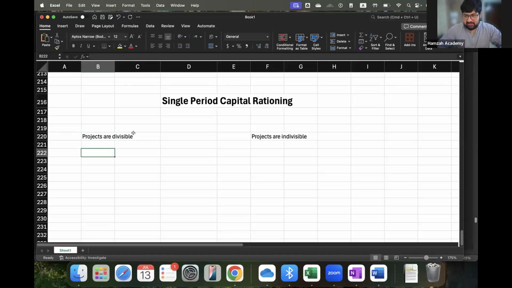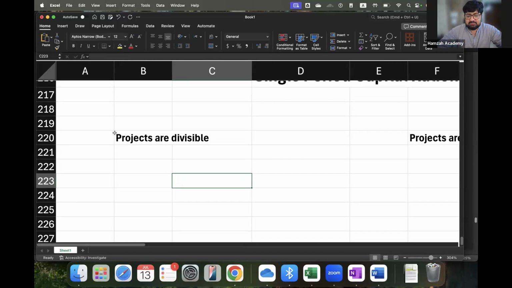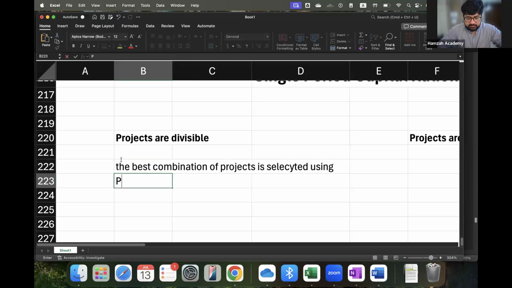So projects are divisible, projects are indivisible. Two possibilities are there. The purpose is to maximize wealth for shareholders. This is the objective of a finance manager, finance professional. So if projects are divisible, the best combination of projects is selected using profitability index.